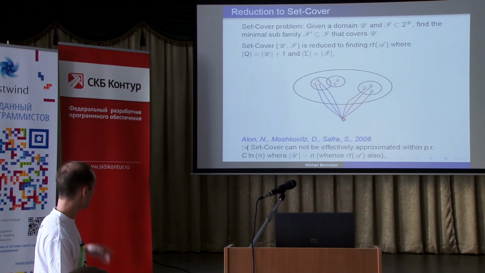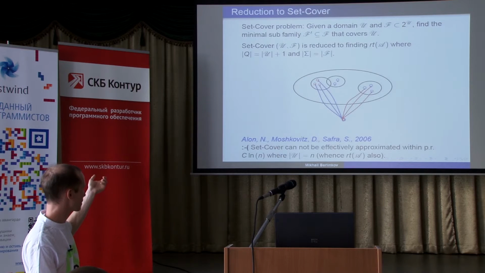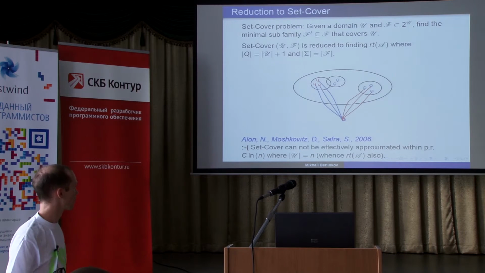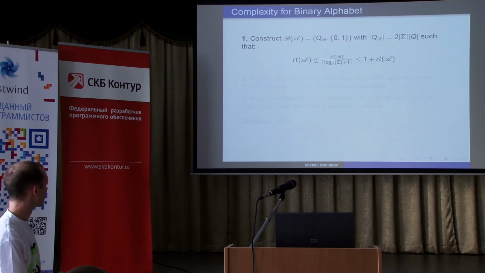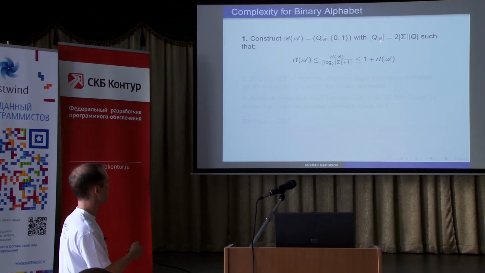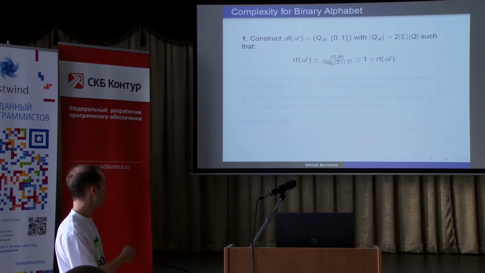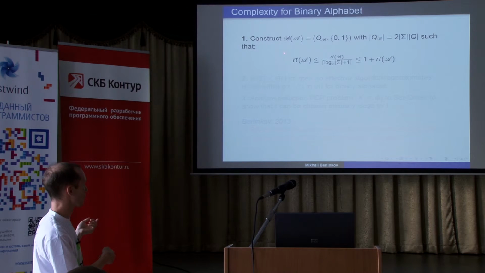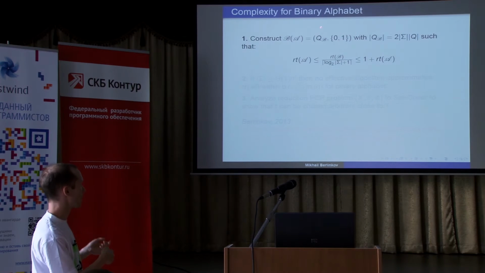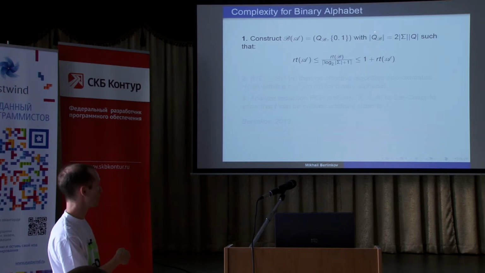Okay, so how can we solve this using this reduction? Just two slides. We first construct an automaton with a binary alphabet: given an automaton with alphabet sigma and state set Q, we construct an automaton on a binary alphabet with the following properties.